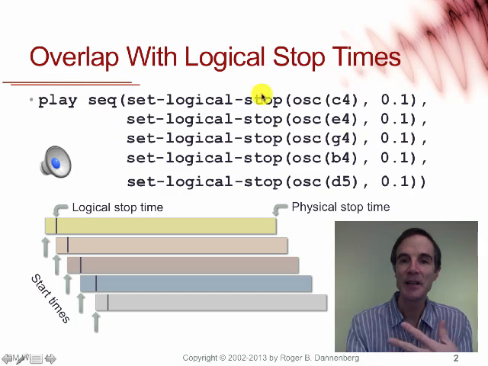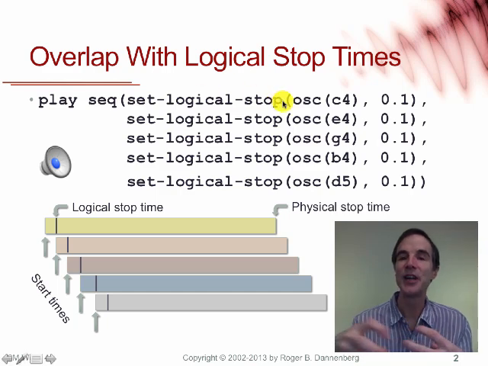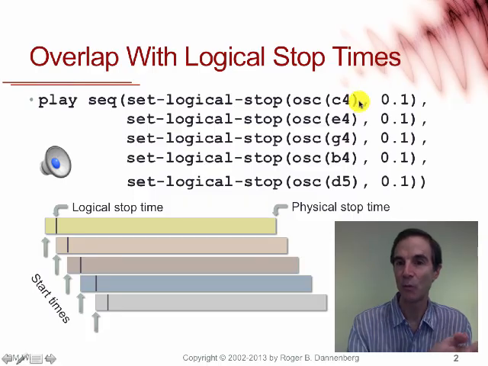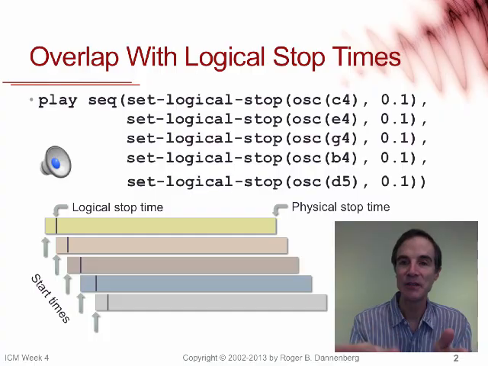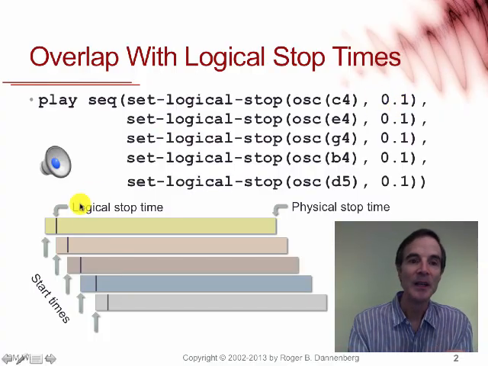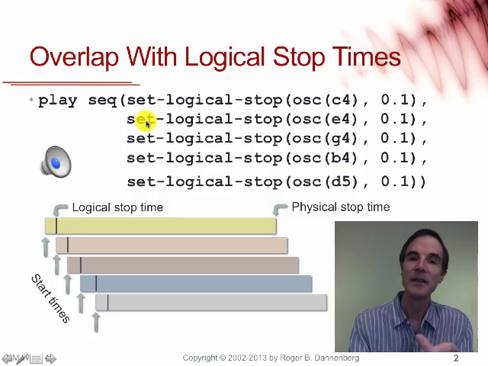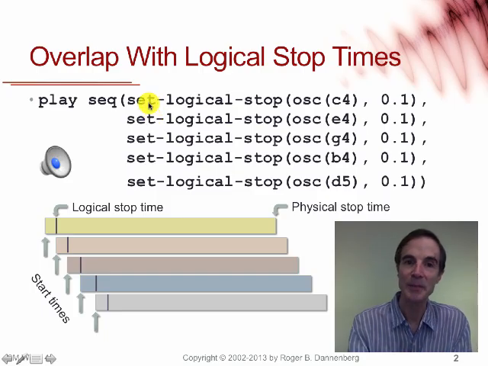What set logical stop does is change the nominal logical stop time from 1, which is also the physical stop time, to 0.1, because that's the parameter we pass in. So now the logical stop time is 0.1 right here, and the time at which seek evaluates the next behavior is not the actual ending of the sound, but the logical stop time of the sound.